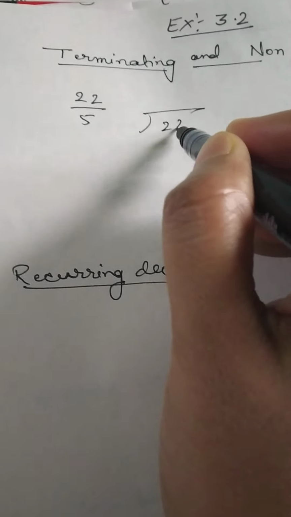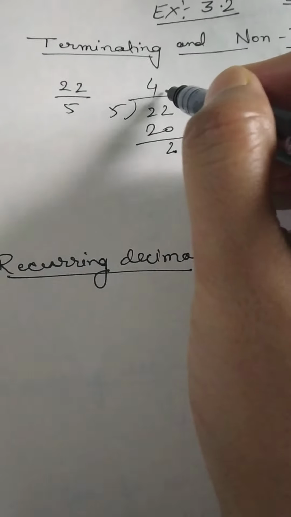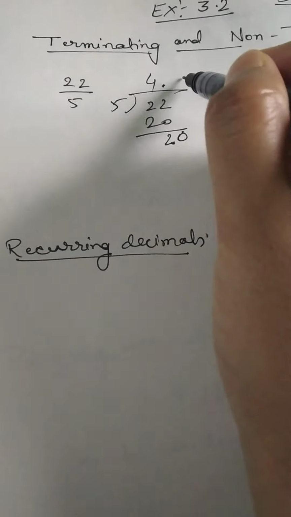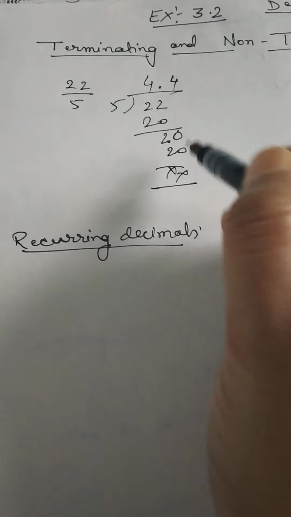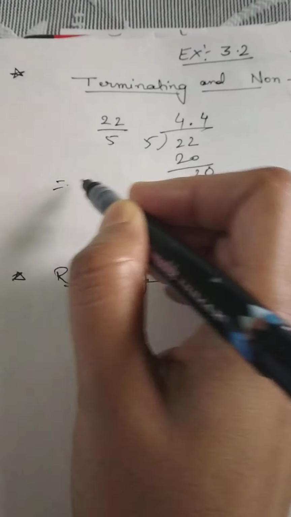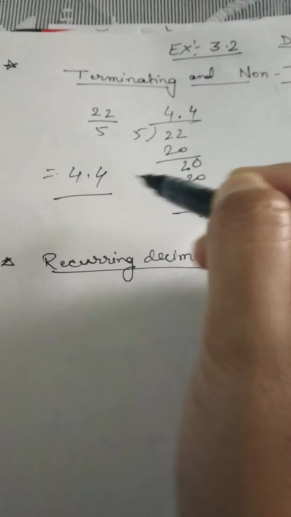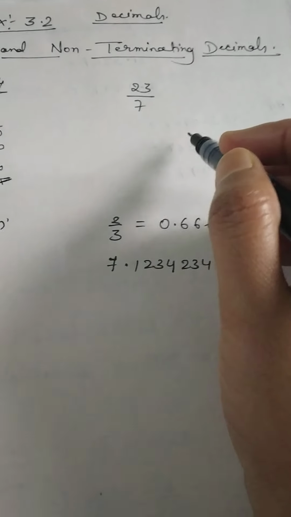If you divide this, 5 4s are 20, we'll get here 2 decimal 0, 5 4s are again 20. So this division has an end point. It has ended here. So 4.4 is the terminating decimal.